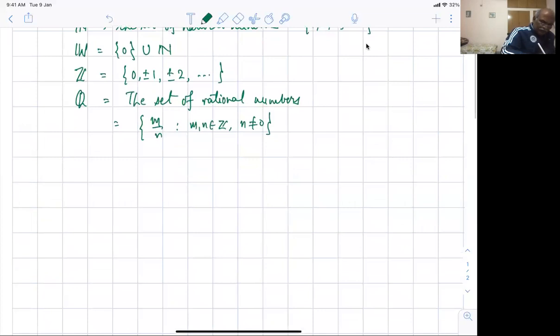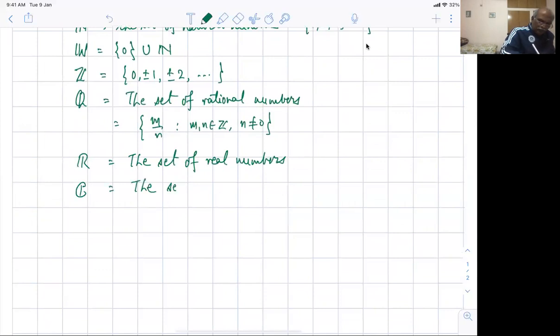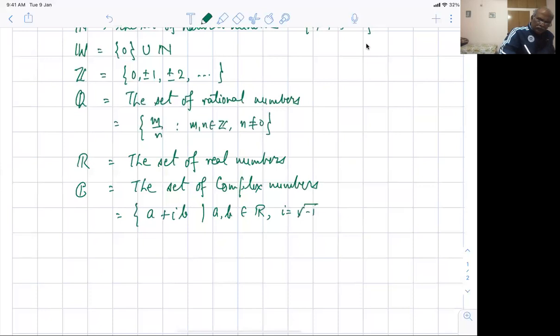All right. Then we have R, the set of real numbers. Then we have C, the set of complex numbers. And so this is nothing but a plus ib, where a and b are real numbers, and i is nothing but the square root of minus 1.